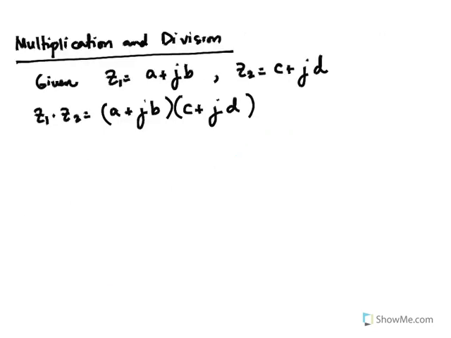Now, for multiplication and division, since your complex number is of a binomial form, multiplying two different complex numbers basically means that we can do FOIL method.